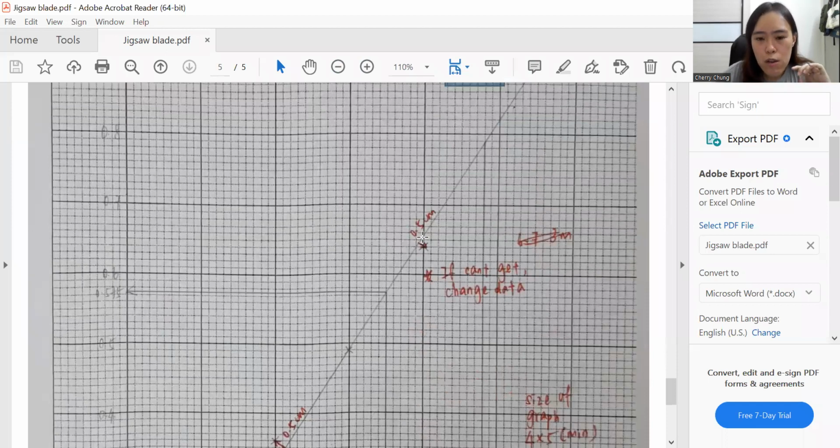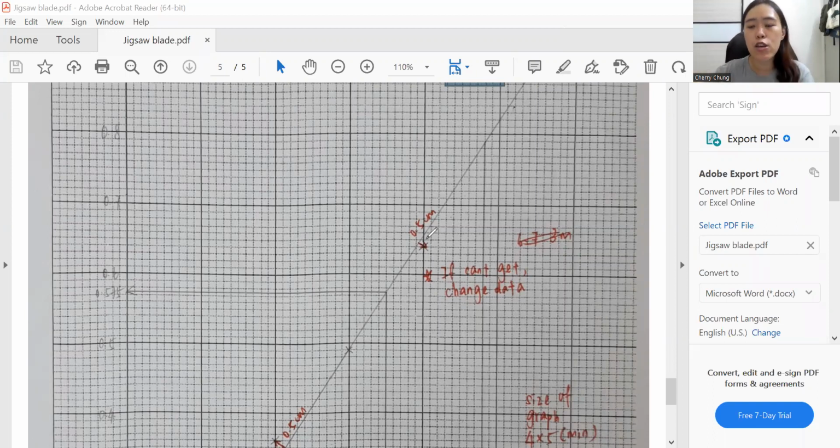You have to remember one thing: when you are drawing the graph, sometimes in the experiment it is impossible for you to get all the points connected on the graph. Which means that you have to add a line, so you need to draw a best fit line.